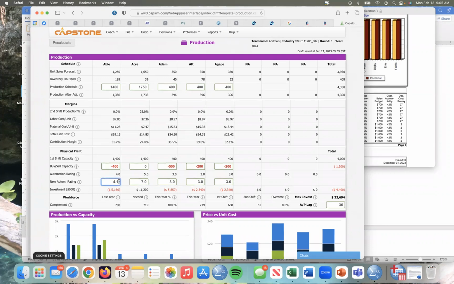You want to balance that out, though, on the traditional product and on your niche products, especially because you want to get your innovations to market as quickly as possible. So I'm not spending as much money on automation for my niche products that I have to R&D almost every round.